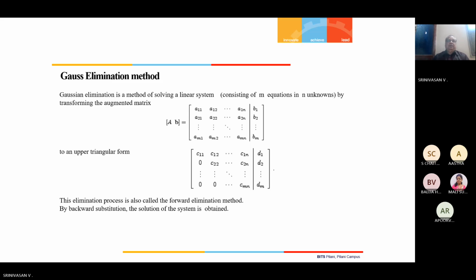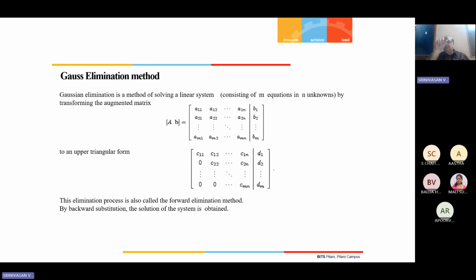Consider this Gauss elimination method, which is a method of solving a linear system as before, consisting of m equations and n unknowns in general, by transforming the augmented matrix [A | b] into an upper triangular form. So your [A | b] gets transformed this way. Just look at the first row, c11, c12, etc., c1n.